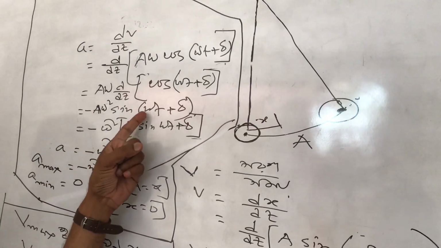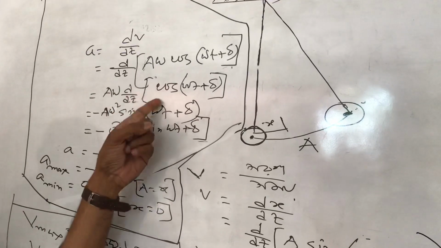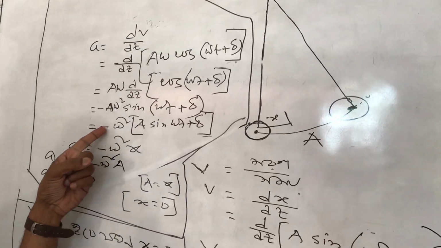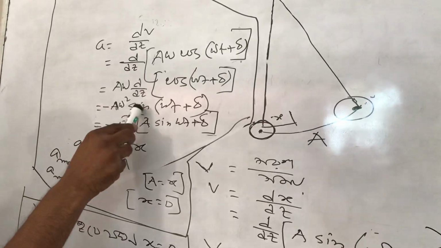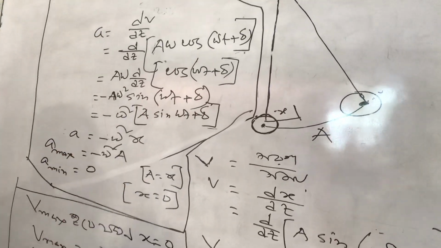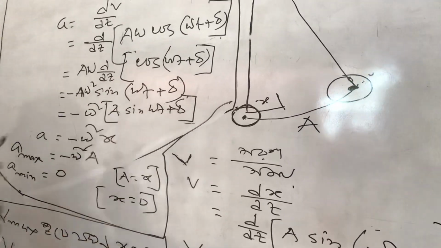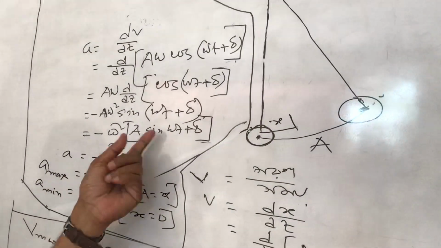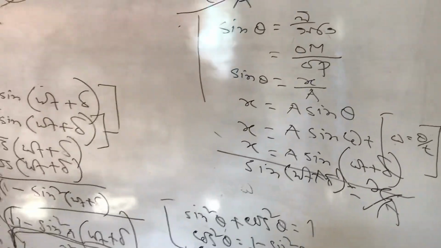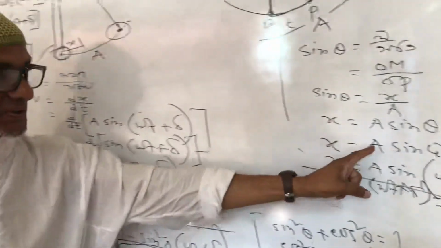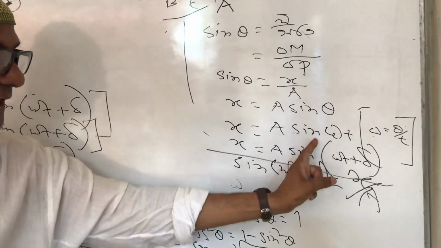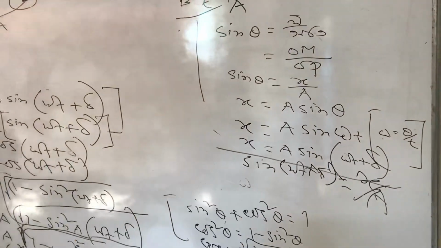Again, the differentiation of omega t is omega. So we get negative A omega square sin(omega t).